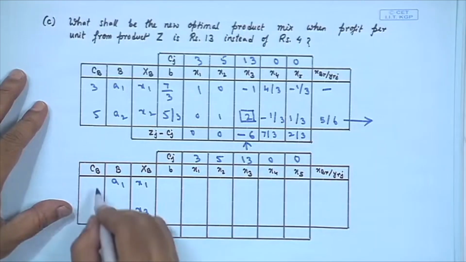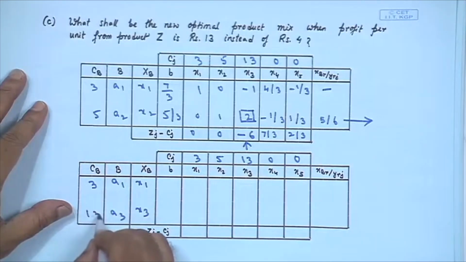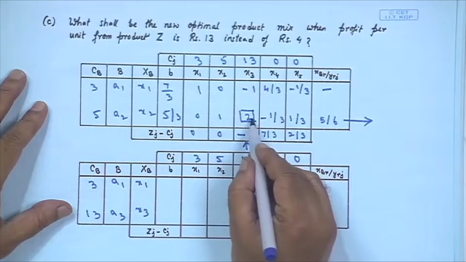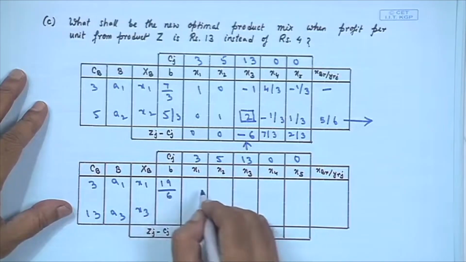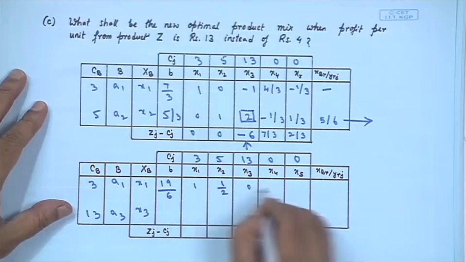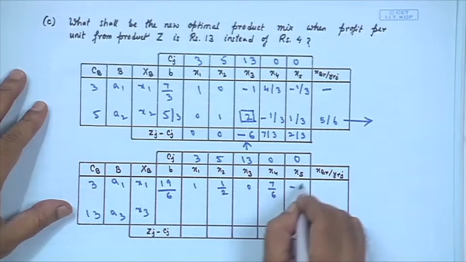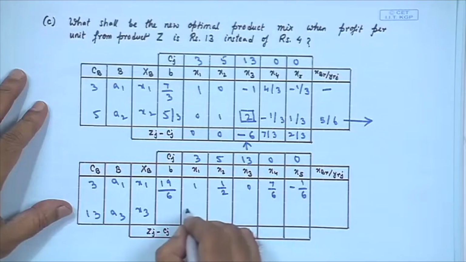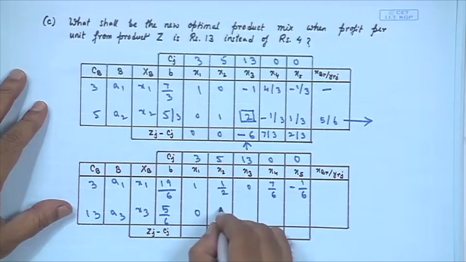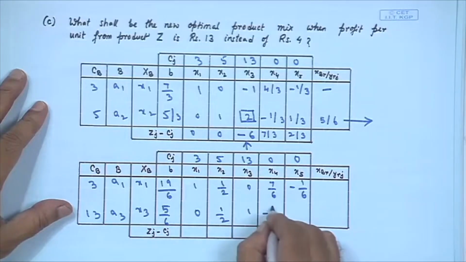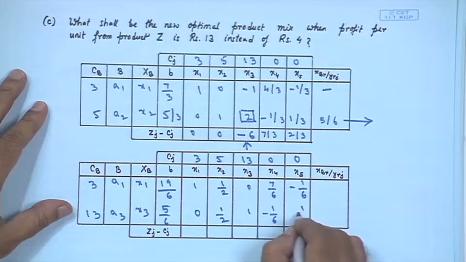So, here it will come 3 and 13. Again I am writing this, I have to make this 1, this as 0. So, this will be 19 by 6, 1, half, 0, 7 by 6 and minus 1 by 6. This will be 5 by 6, 0, half, 1, minus 1 by 6 and 1 by 6.